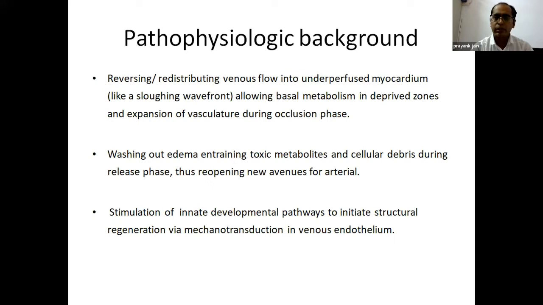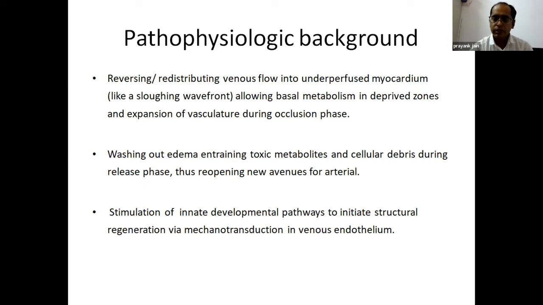So this suggests that the edema which was there in the microcirculation, in the heart, is also getting reduced, because the flow after deflating the balloon is more than what usually flows across the coronary sinus ostium. So edema gets washed out, toxic metabolites which cause reperfusion injury get washed out, cellular debris gets washed out, and some of the microcirculation gets opened because of this.